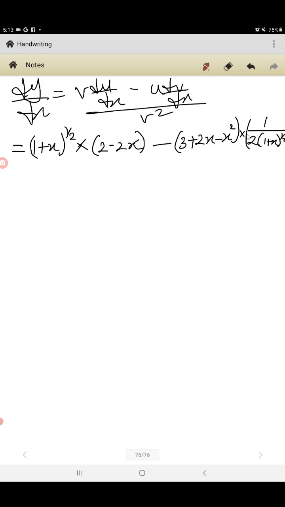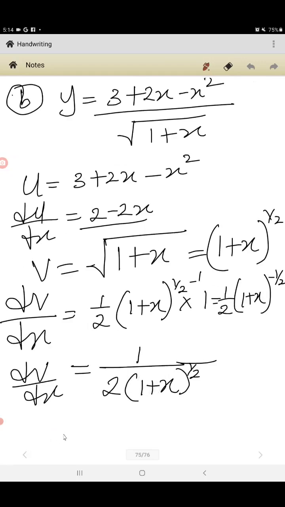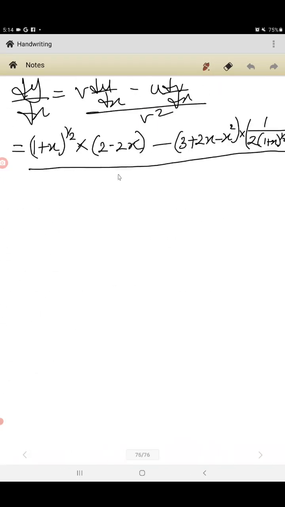That is all about that. So all over v, that is all divided by v, which is 1 plus x raised to power half, at the same time now squared. That's just what we need.